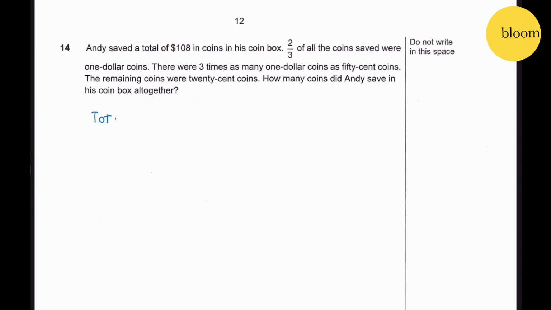Total number of coins. 2/3 is $1 coins. And we know that there were 3 times as many $1 coins as 50-cent coins, which means 2/3 multiplied by 1/3, because the number of 50-cent coins is 1/3 of the number of $1 coins.